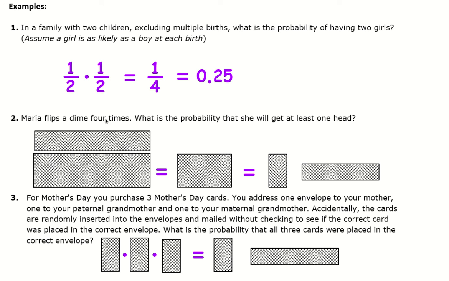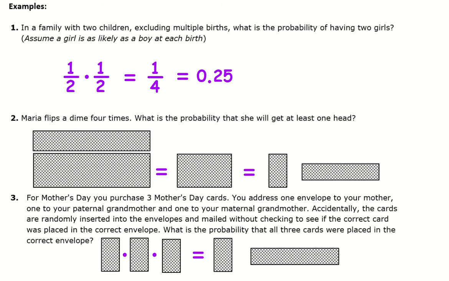Maria flips a dime 4 times. What is the probability that she will get at least 1 landing on heads? So how do we do this one? This one is actually a little tricky.